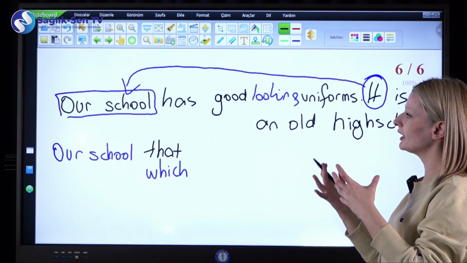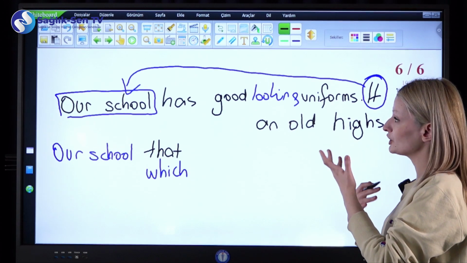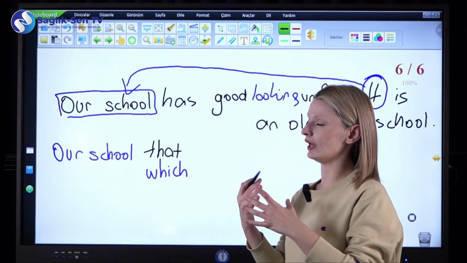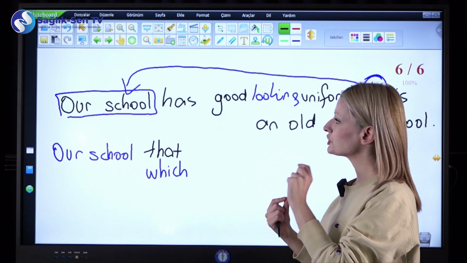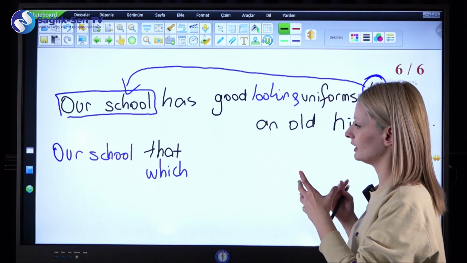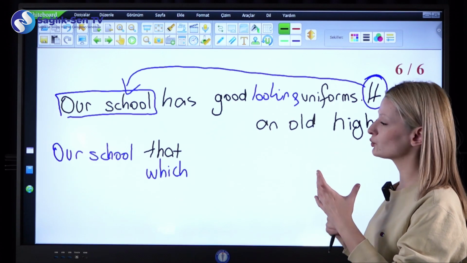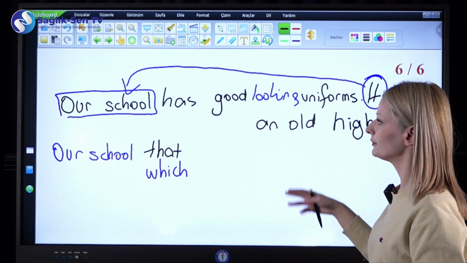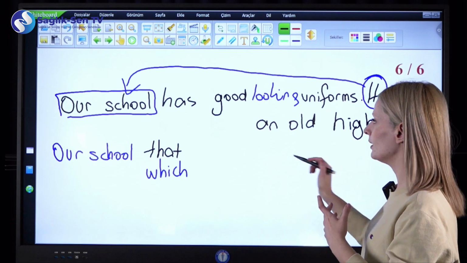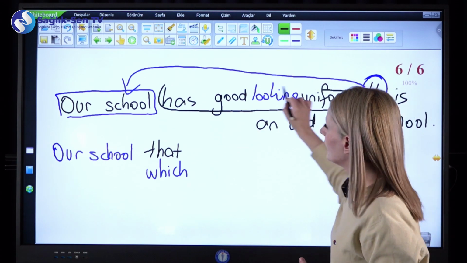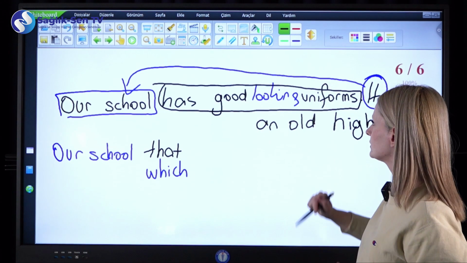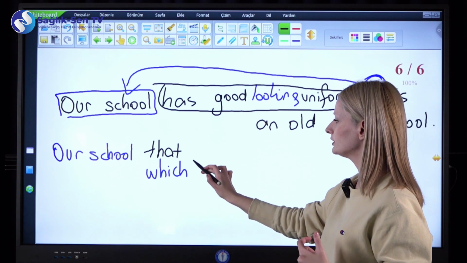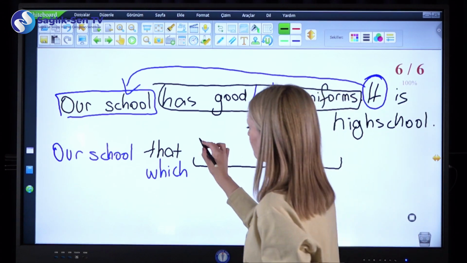Now, it depends on which sentence we're going to keep going with, depends on which is the main purpose of telling this sentence, and which is the extra information. If my extra information is that our school has good-looking uniforms, I'm going to put it right here.